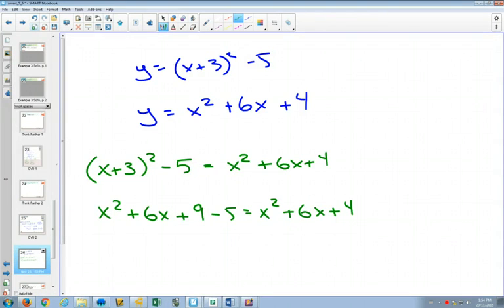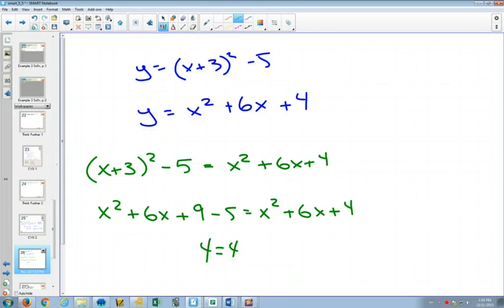And when you move everything over to one side, everything cancels out. And you get a statement that's always true. Is it true that 0 is equal to 0? Yes. Okay. Maybe you move the x squared over and the 6x over first, and you ended up with 4 is equal to 4. That is true as well.